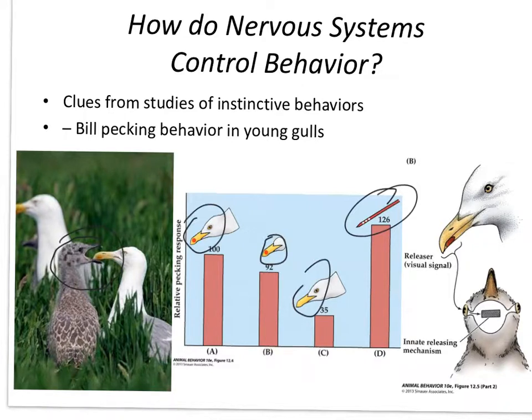It pecks at the adult's bill, and it also opens up its mouth, and the adult then gives him food. So the pecking behavior of the young gulls is what's actually released. They start pecking at that red spot to get the adult to open up its mouth and regurgitate.